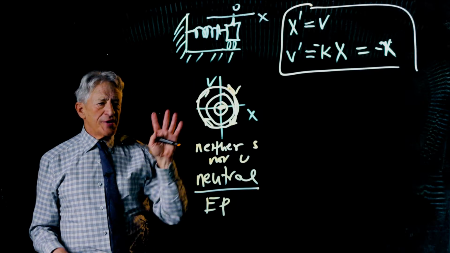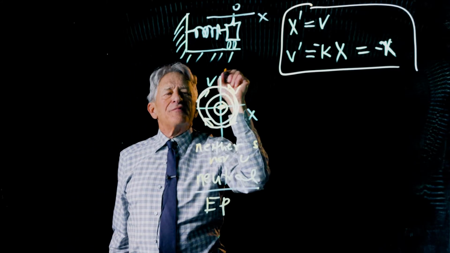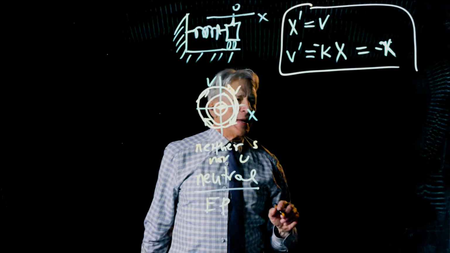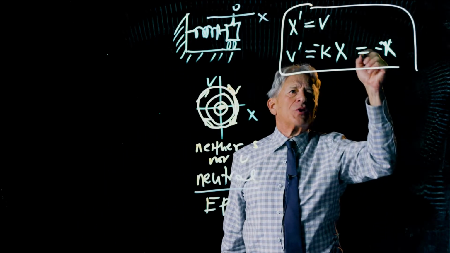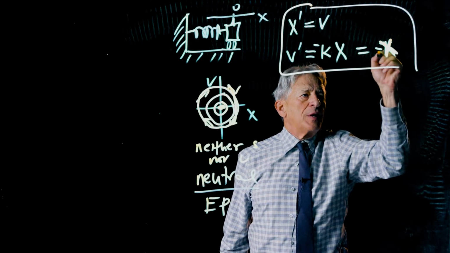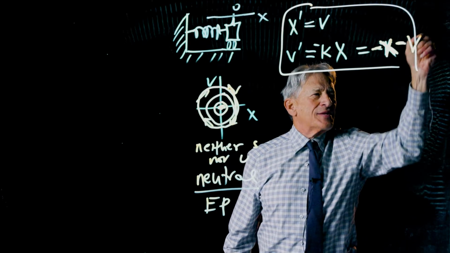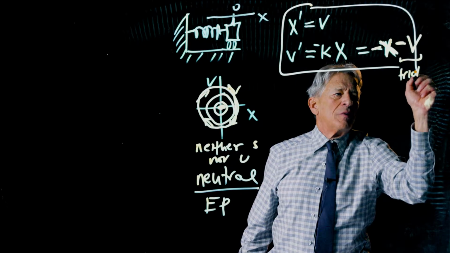Then, in our second version of the spring, we added friction to the spring. And adding friction to the spring changes the differential equation so that it's now not just v prime equals minus x, but v prime equals minus x minus v, where this is the friction force.